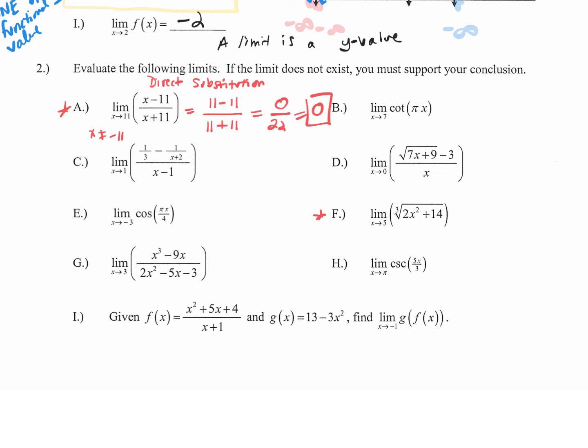All right, the other one that we can do by direct substitution is f. There are no restrictions on the domain for this one because it's an odd root. So plug it in. We'll see the cube root of 2 times 5 squared plus 14.